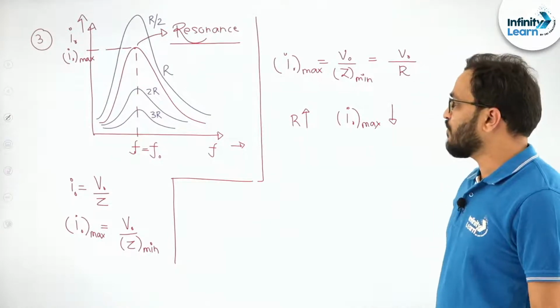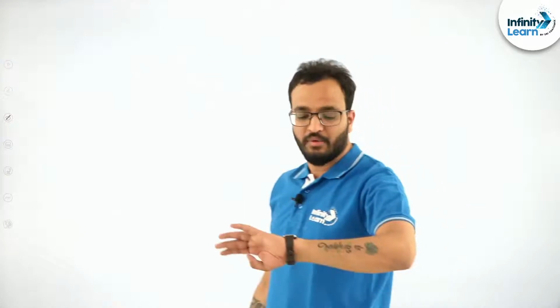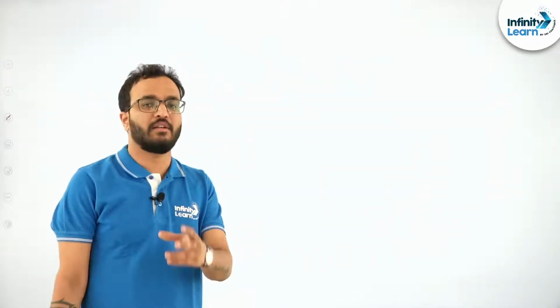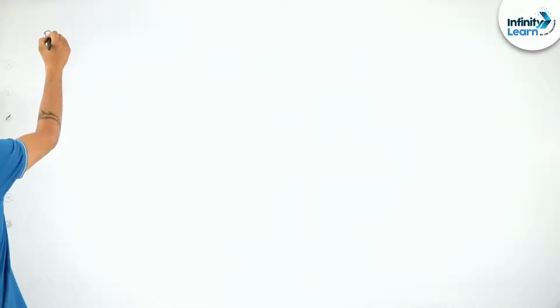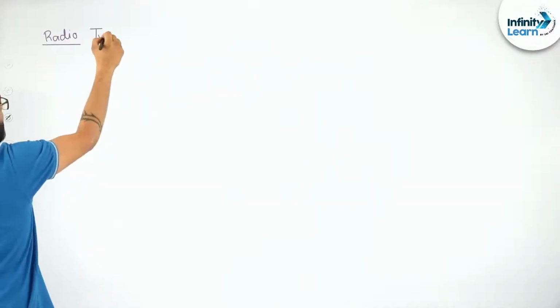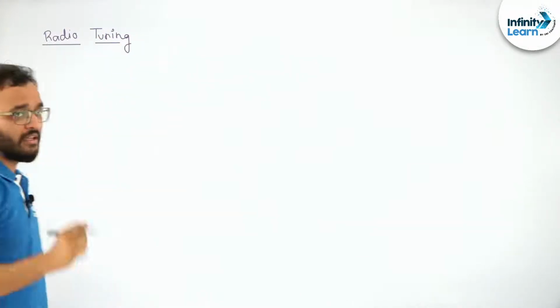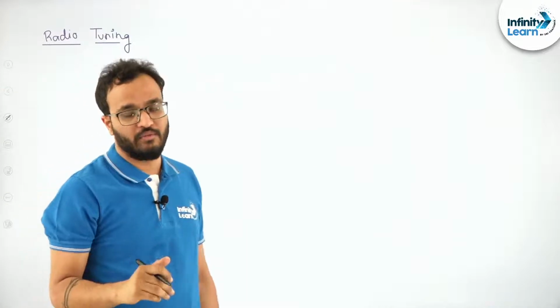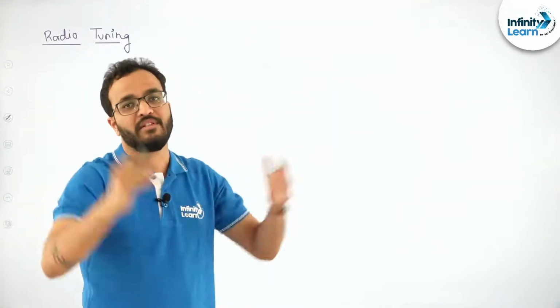Now let me tell you where we can use this concept. Quickly, in 5 minutes, it is the concept used in radio tuning. So what happens in old times, now these are all electronic radios, in radio tuning? We have a receiver at the radio. What is the meaning of the receiver? The receiver's job is to receive all the frequencies in the atmosphere.